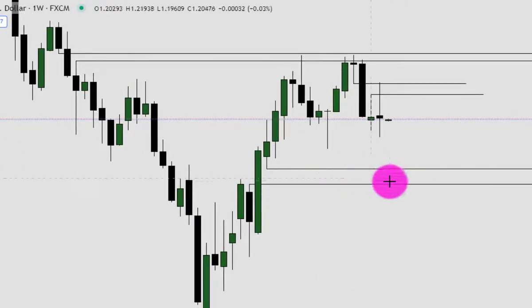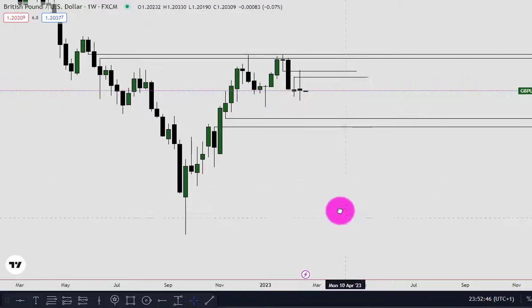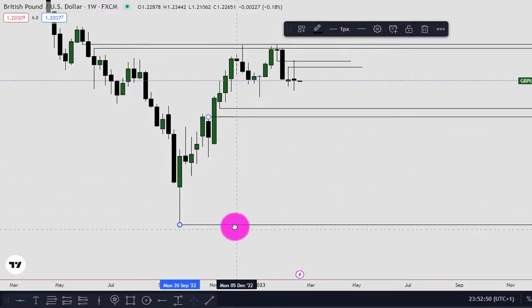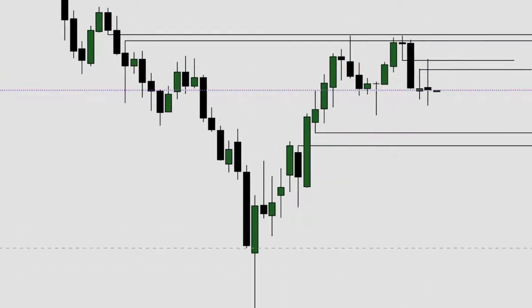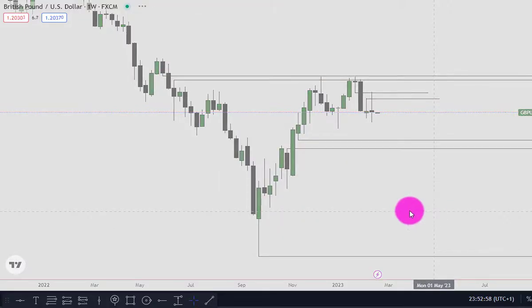So this is the drawn liquidity, this level, buy side imbalance, sell side inefficiency, okay. Or we also want price to attack the sell side liquidity residing below here. This may be long term, okay. But this is my bias on the GbpUsd.